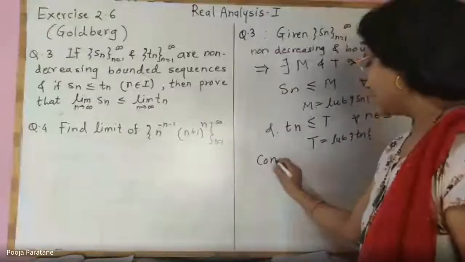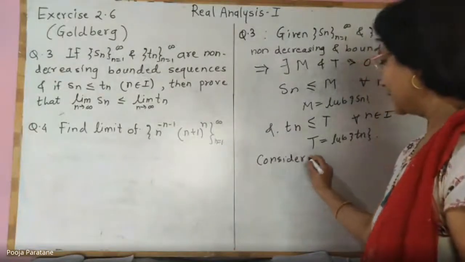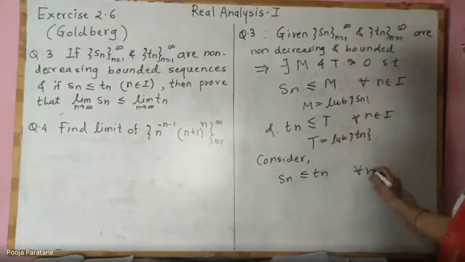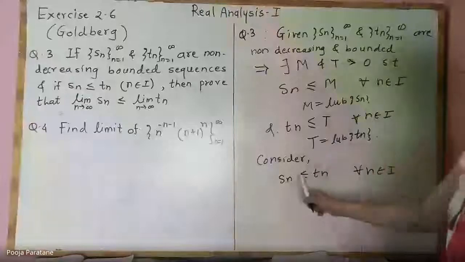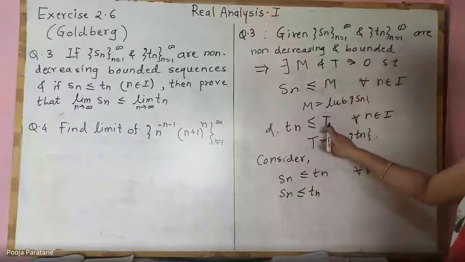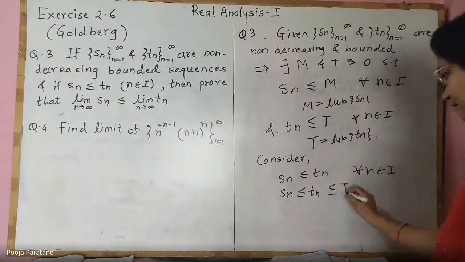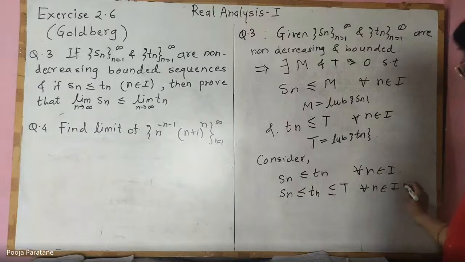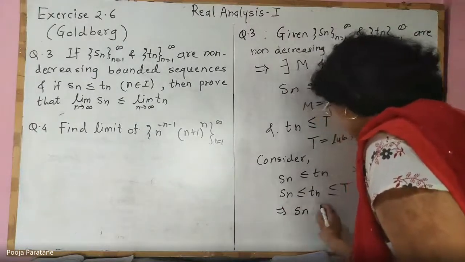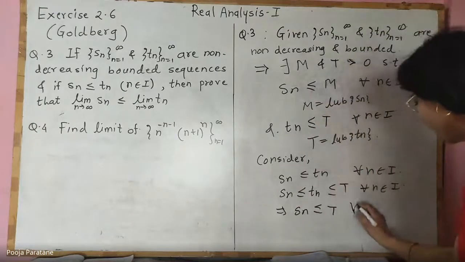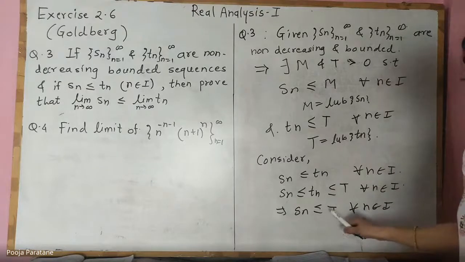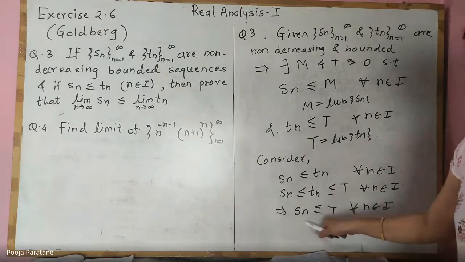Consider Sn is less than or equal to Tn for all n belongs to I. Now, Sn is less than or equal to Tn, but Tn is less than or equal to T, isn't it, for all n belongs to I. So it means that Sn is less than or equal to T for all n belongs to I. So what it means is that T is one of the upper bounds of the sequence Sn.